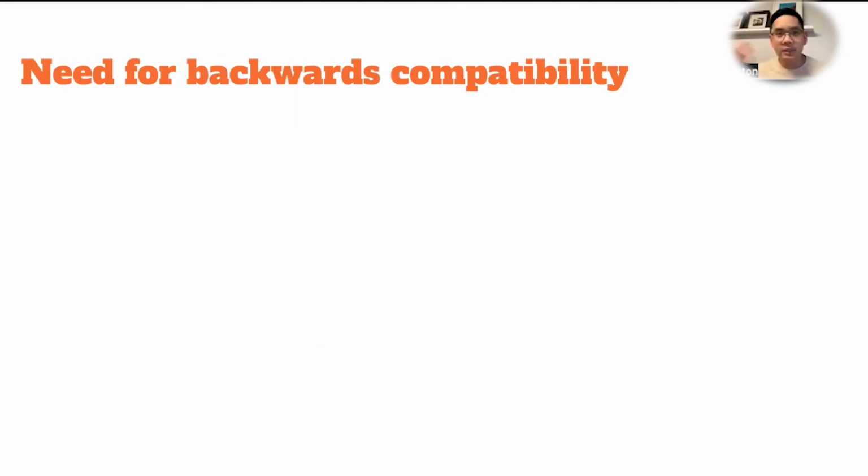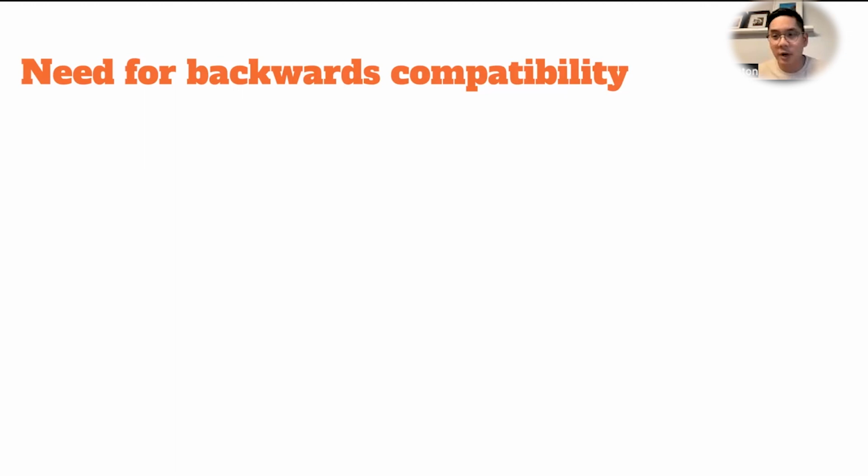Basically, the way I look at backwards compatibility is if you have two systems that need to talk to each other, you want to make sure that they're always compatible, always able to cooperate. Those systems might evolve independently.